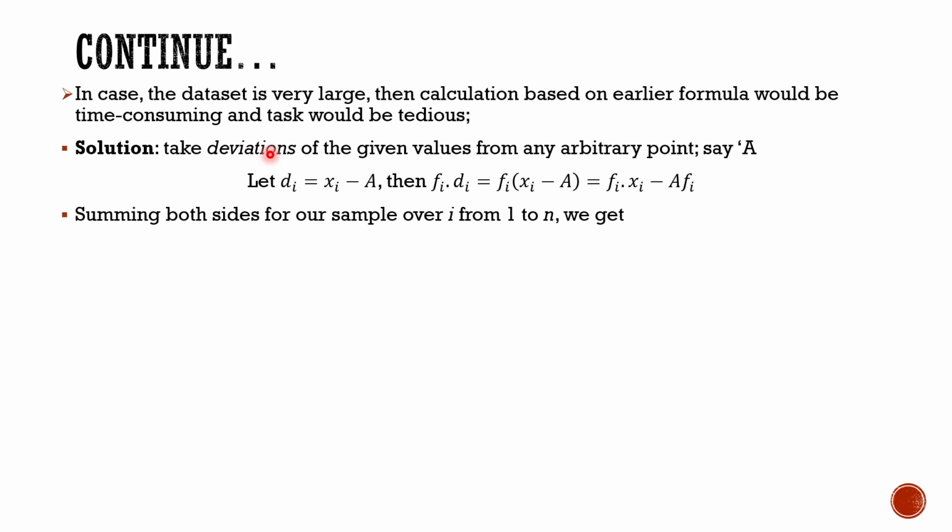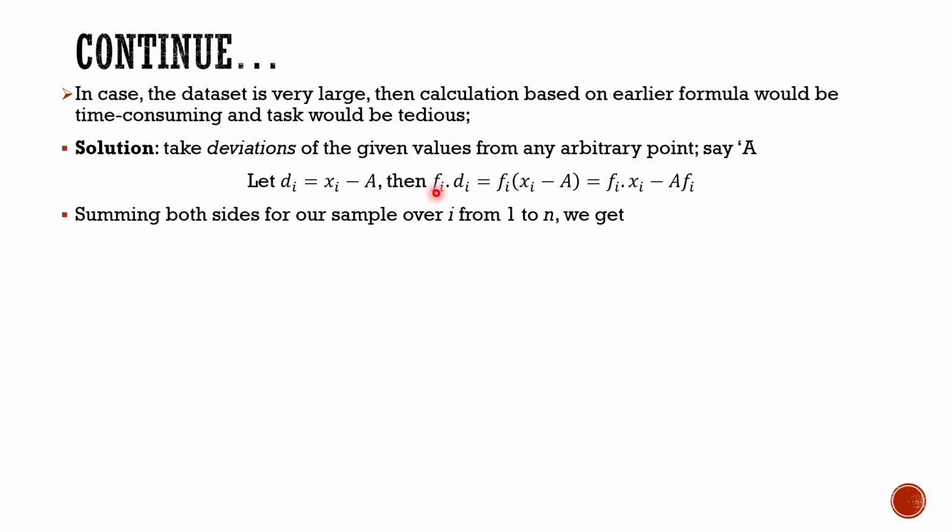small as possible. So how will you define this deviation? This deviation di, where i indexes the different observations, is equal to xi minus a. So the deviation is calculated using this formula. Then you will have to calculate fi into di.